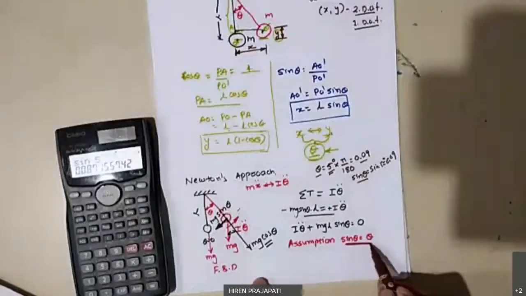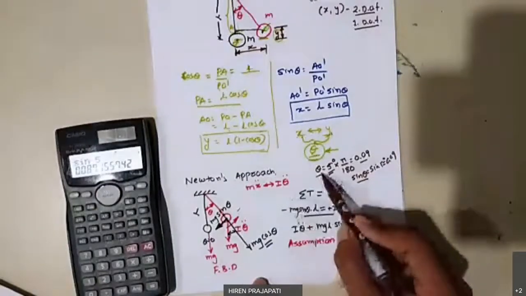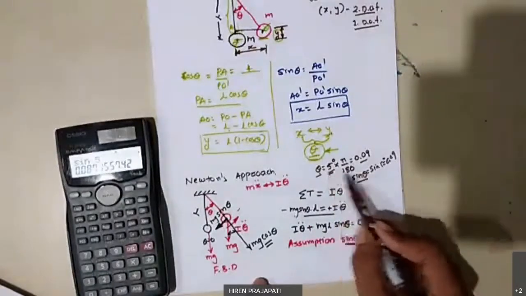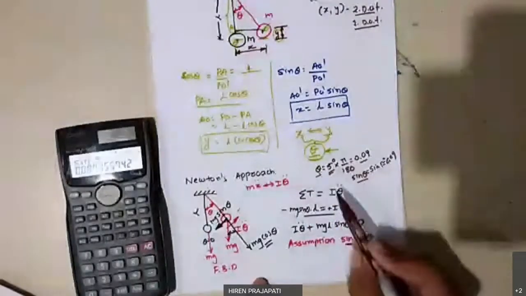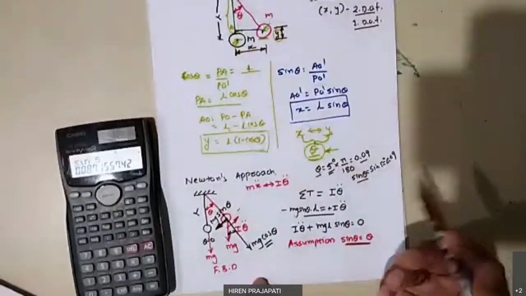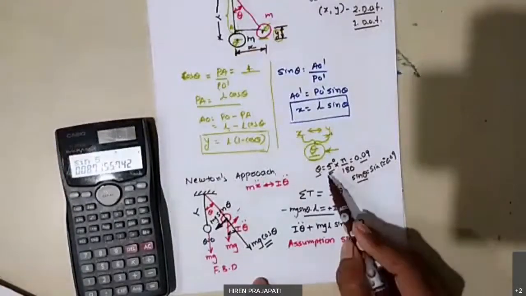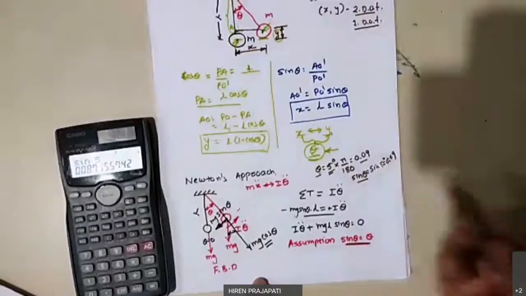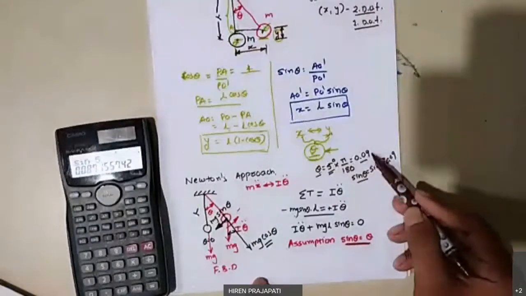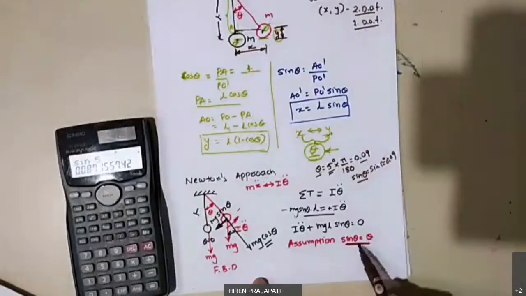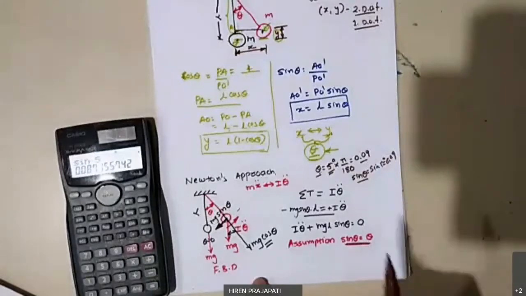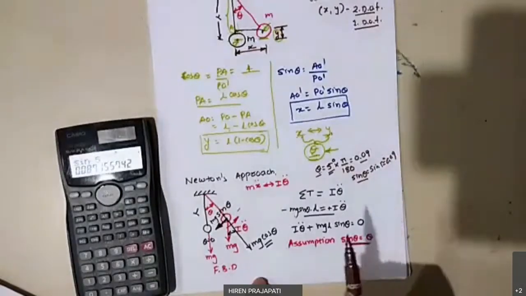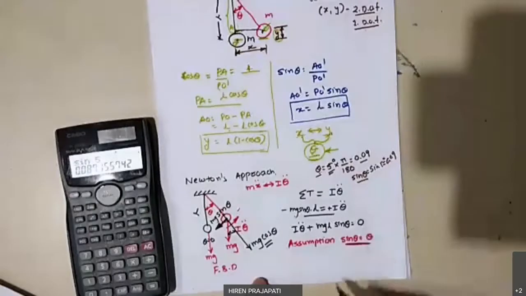So this is our assumption. If you take theta equal to 45 degrees, this assumption will not work. But for small angle deflection, you can assume sin theta is equal to theta, because you get more or less the same value up to the second decimal place. This is our very important assumption in the derivation of natural frequency for a pendulum.